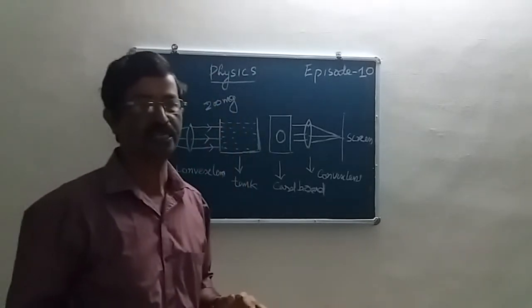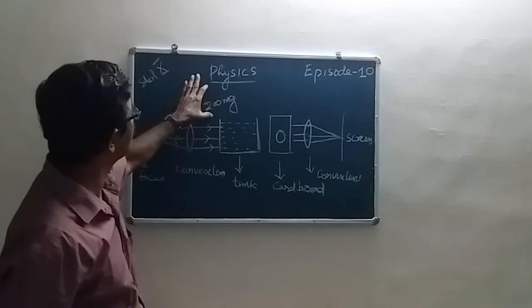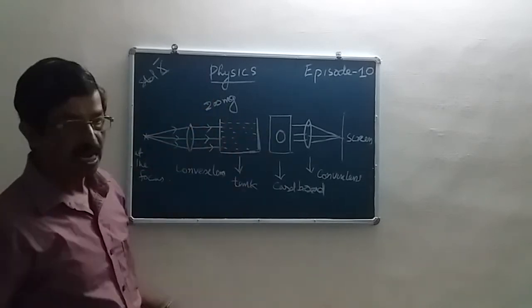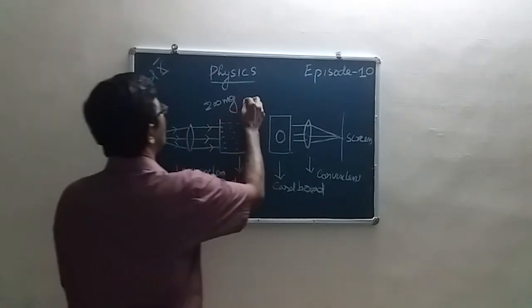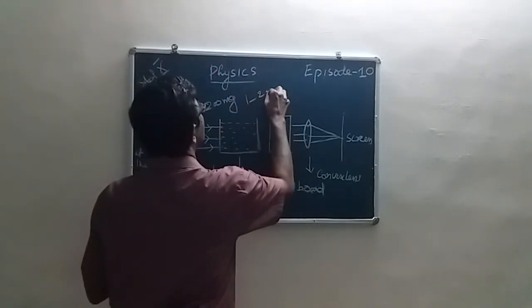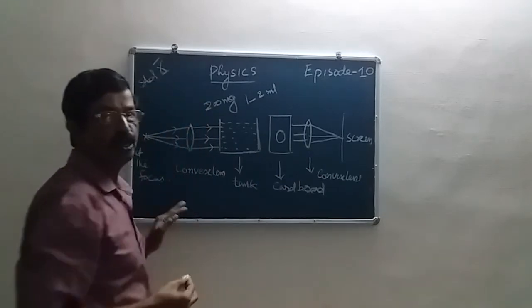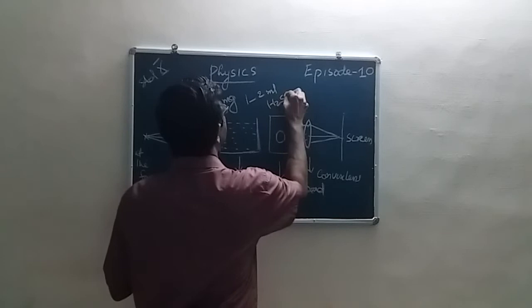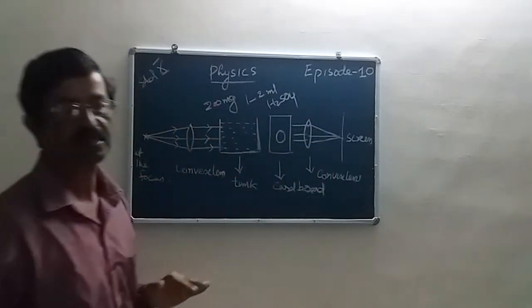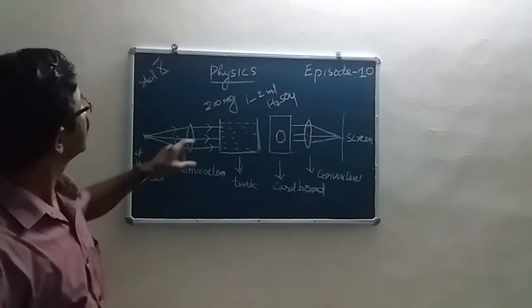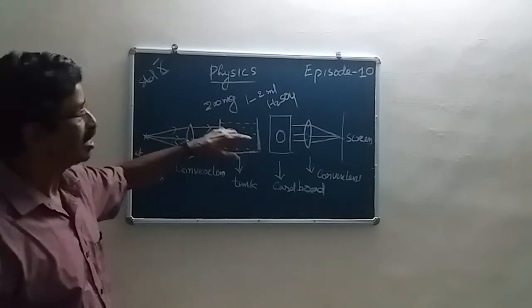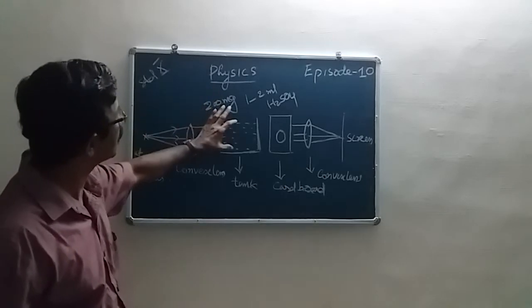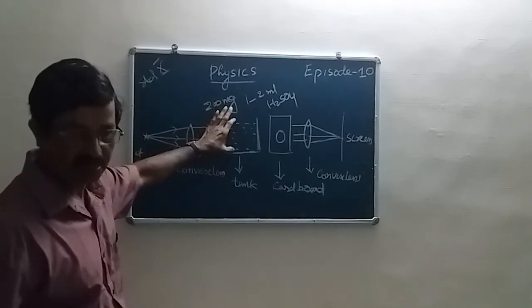Now add 200 mg of sodium thiosulfate to this, and add 1 or 2 ml of concentrated sulfuric acid. What are the substances we added here? About 200 milligrams of sodium thiosulfate to this water.